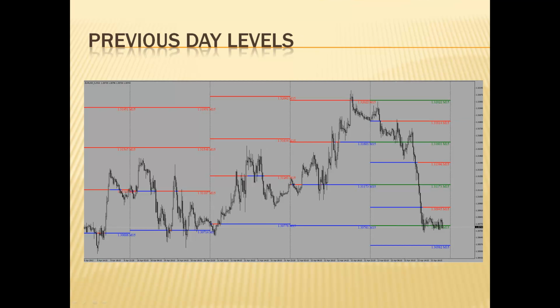Here is an earlier slide of the 15-minute euro-dollar on April the 13th, 2012, showing previous day's levels, in green color. The green levels are April the 12th lines. I like this particular example, because it shows how previous day's levels can be useful for current day.